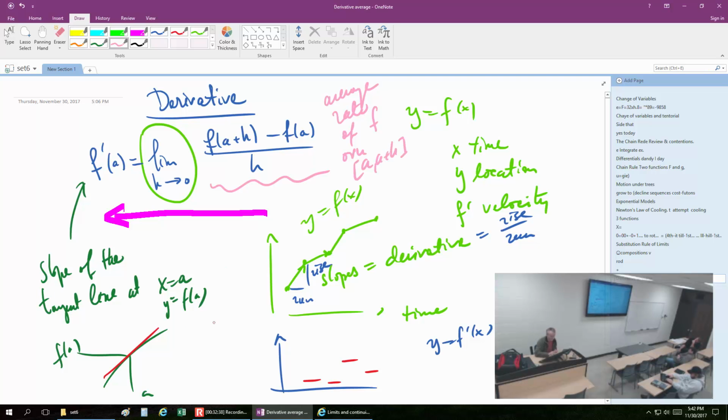Okay, so in other words, this is a plus h, and we're looking at this incremental change, and we're looking at the slope of a straight line, and that straight line is very easily built through these two known points, and you also need to remember the name of this line.